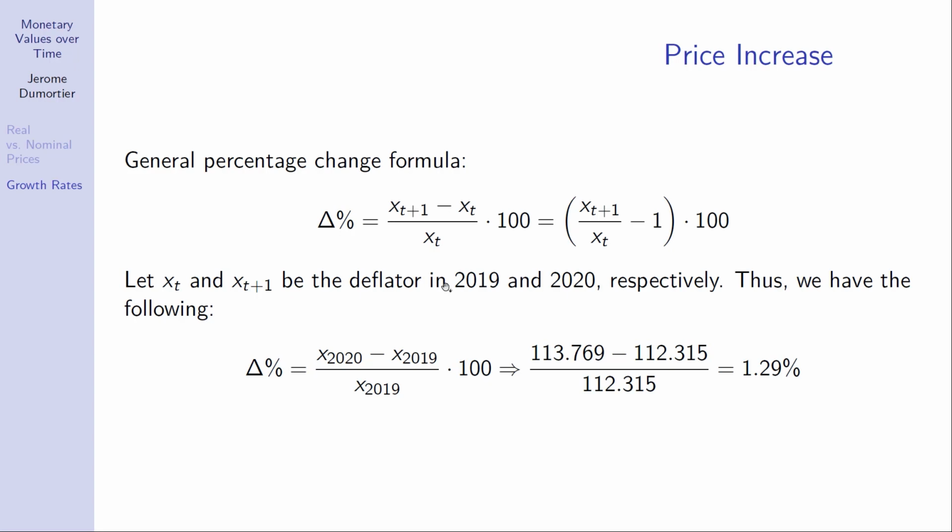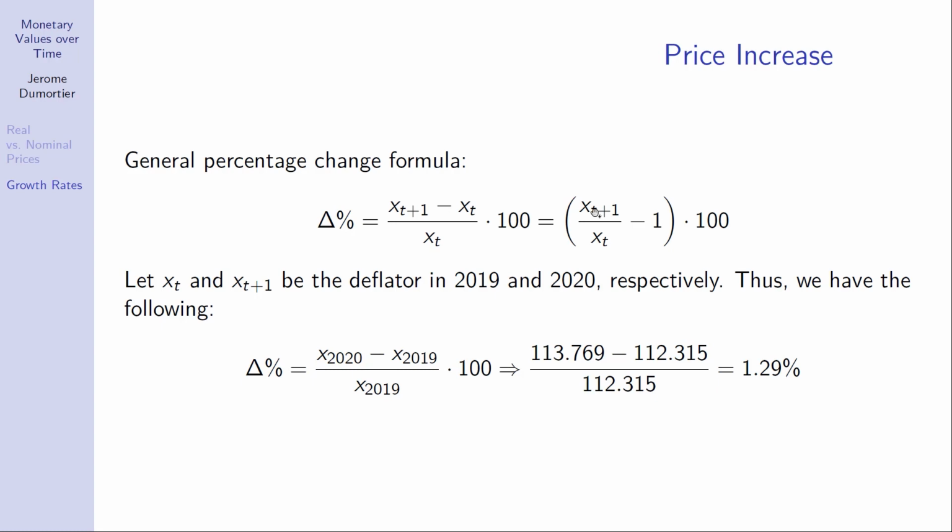So first of all, you have the general percentage change formula that can be either (xt+1 minus xt) divided by xt, or you can simply simplify this by calculating xt+1 divided by xt minus 1. And now let us actually apply those equations for the values of 2019 and 2020. First we are doing the calculations for the implicit price deflator, and then for the defense expenditures.